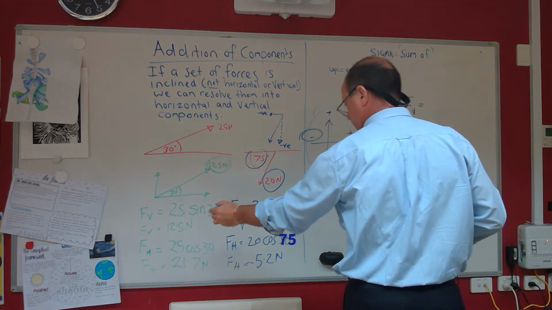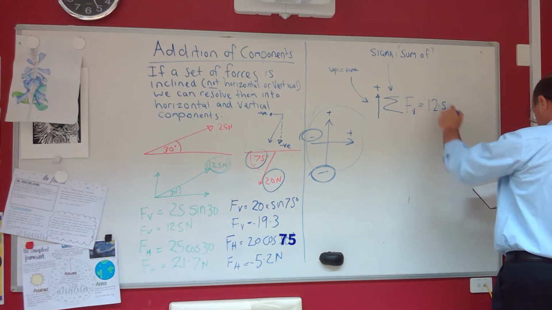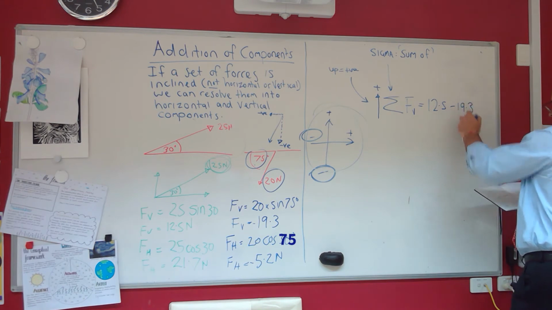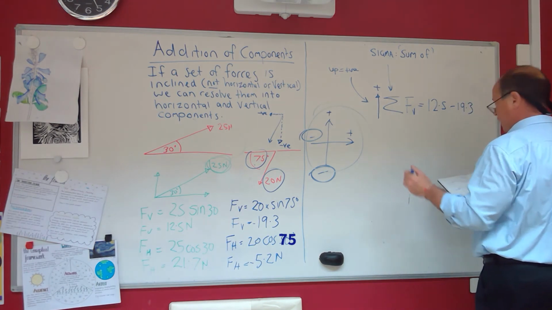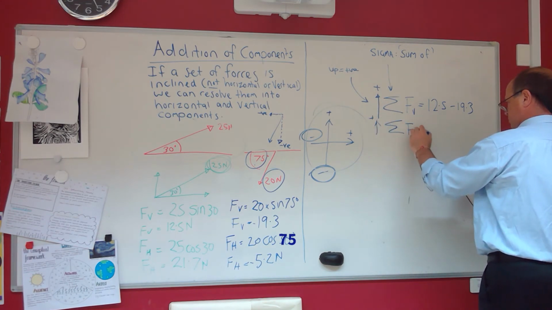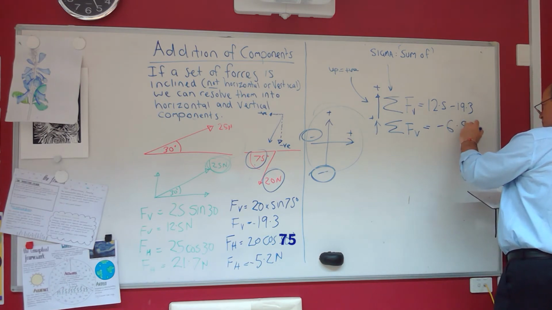So 12.5, and we're going to go minus 19.3, and that should give us 6.8. So sigma up is positive, forces vertical, equals minus 6.8 newtons.